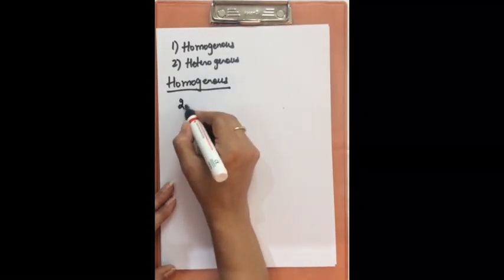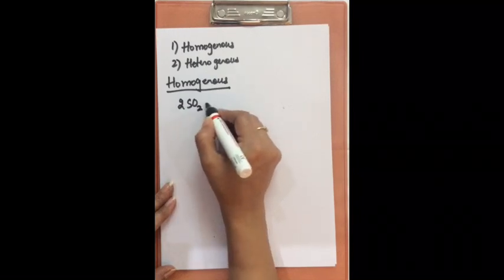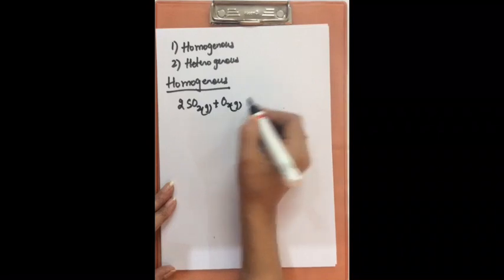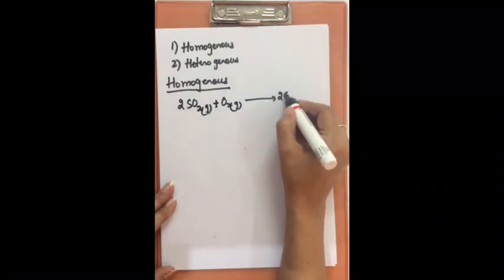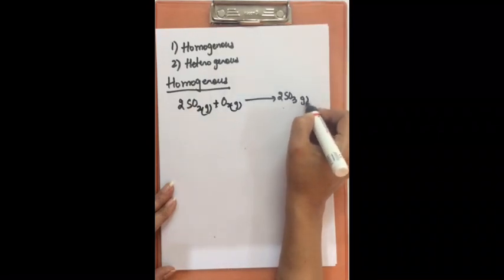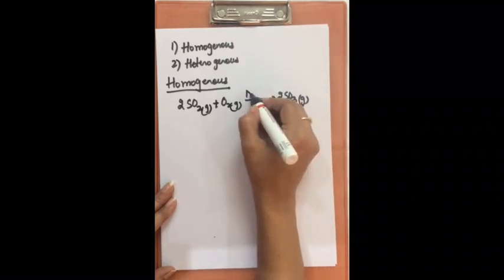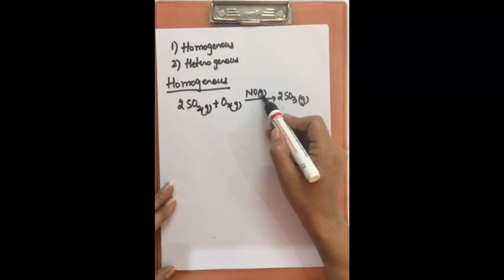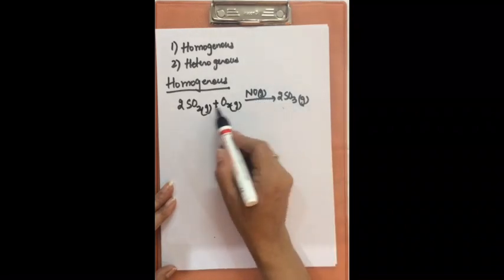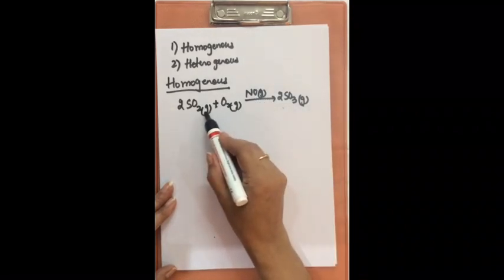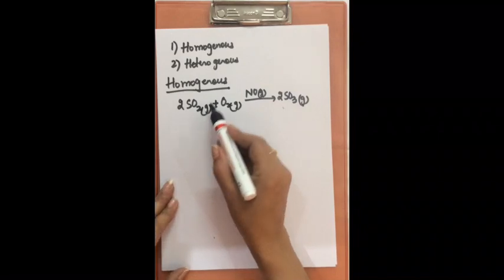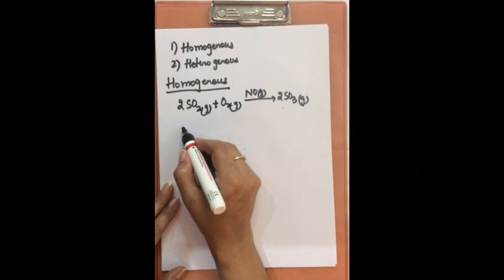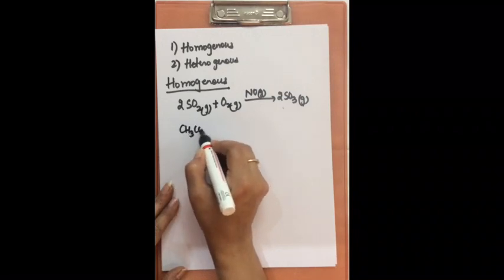For example, if we take sulfur dioxide gas and react it with oxygen gas, there is formation of sulfur trioxide gas. The catalyst used is NO gas. So the physical state of the catalyst as well as that of the reactants is the same, and this is known as homogeneous catalysis.